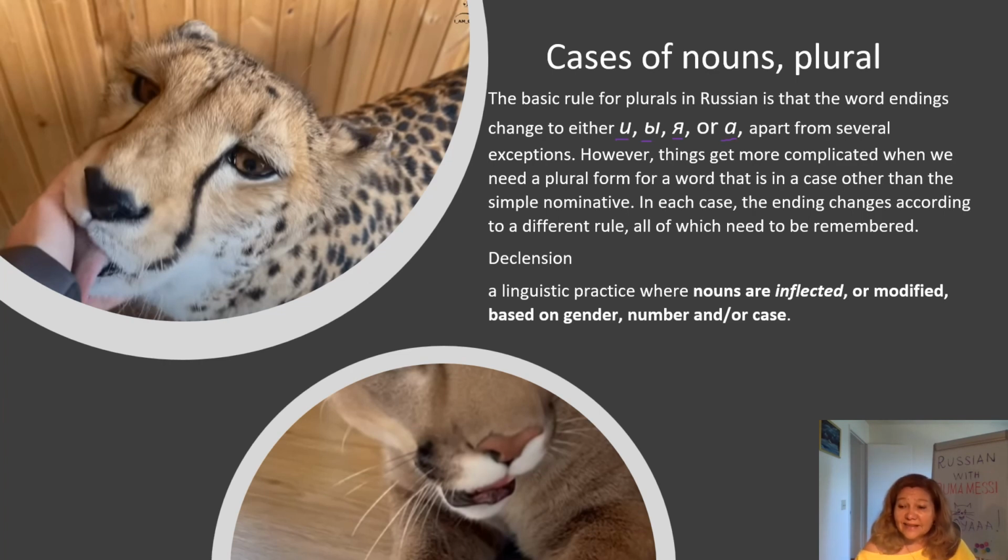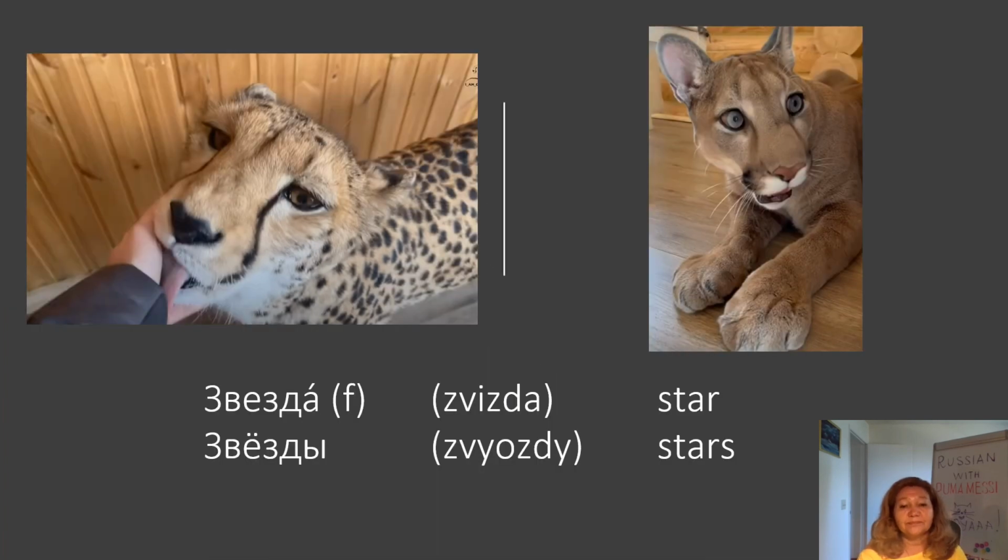The general rule is that the subject of any sentence in Russian has to be in nominative, and the rest of the sentence, if you run into nouns there, those nouns are most likely going to be declined, either in gender, number, or case. The word I am offering to you is a word that we are all familiar with. The word is звезда.